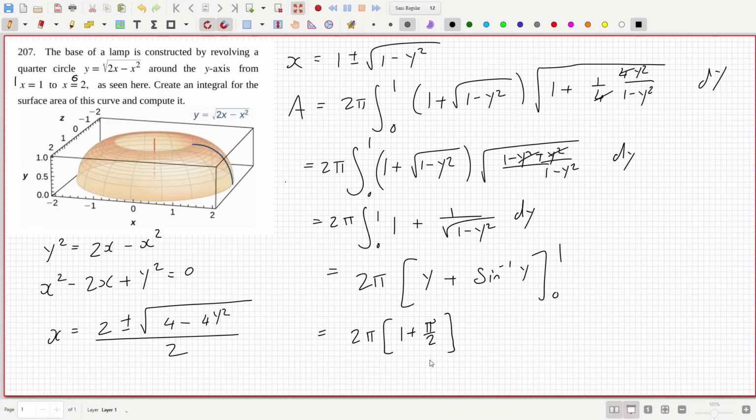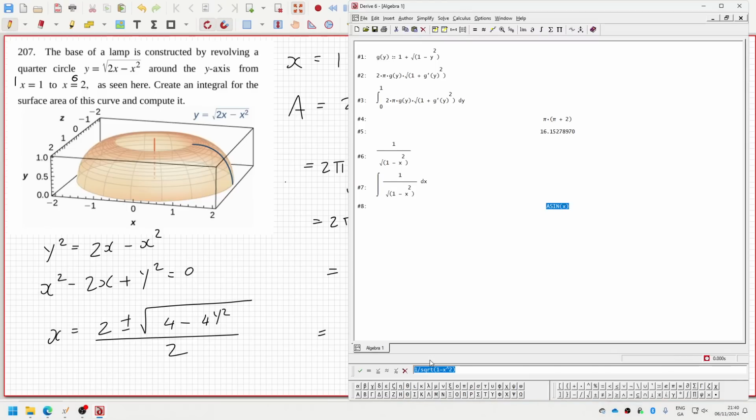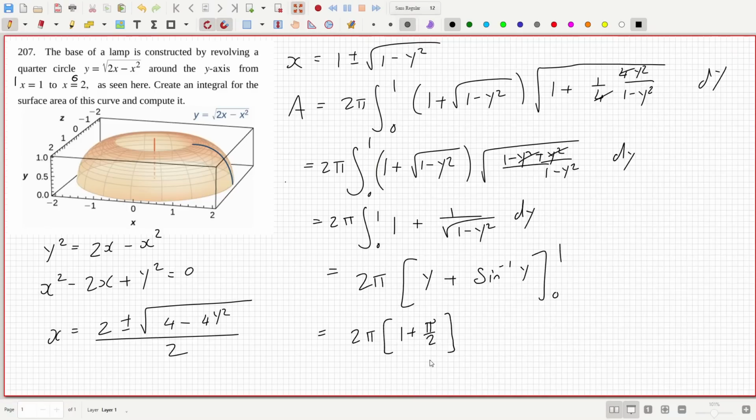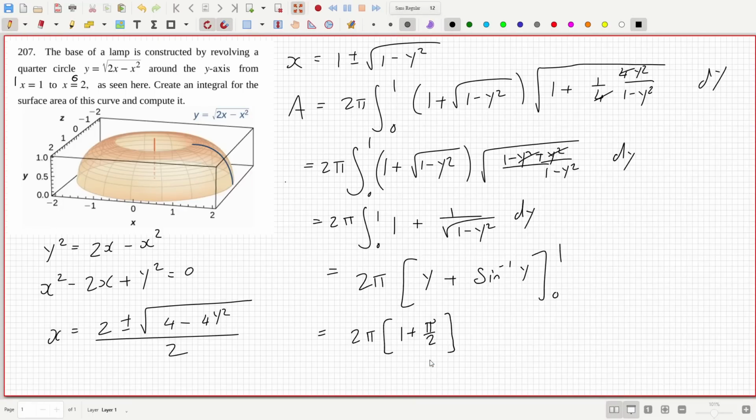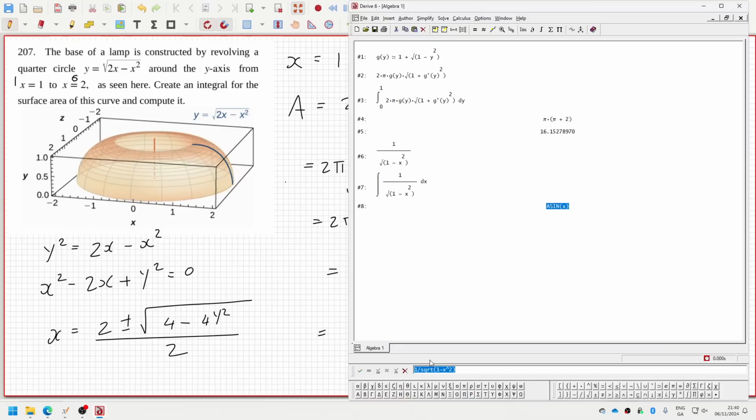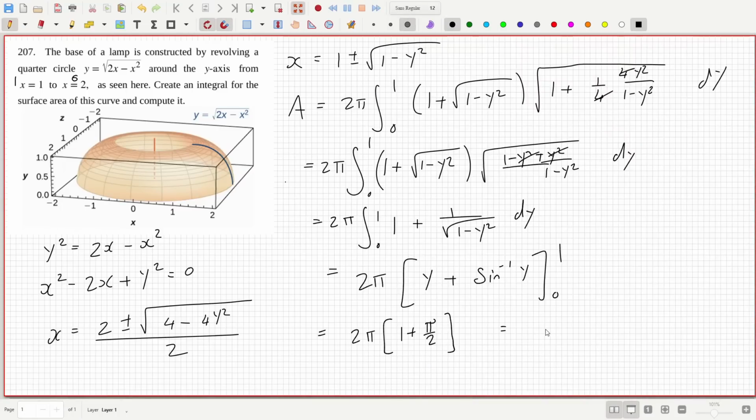Pi over 2 and then 0. Yeah, it's not quite that either. They have pi. If I multiply the 2 in, that's pi, 2 plus pi.